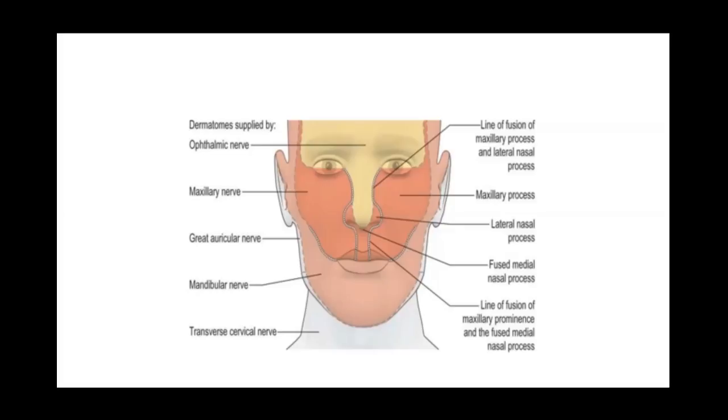So this picture gives you a very clear-cut correlation between what is arising from the different primordia, and what nerve supply is arising from where.